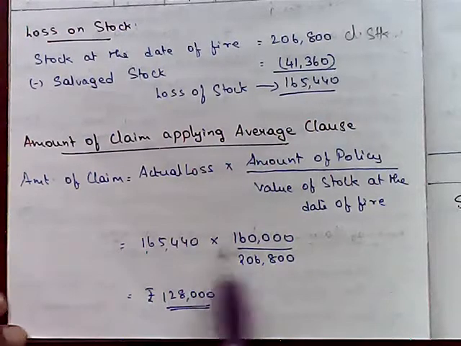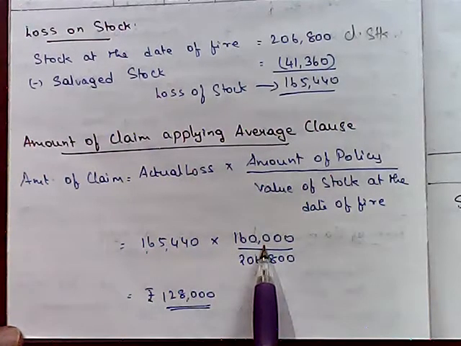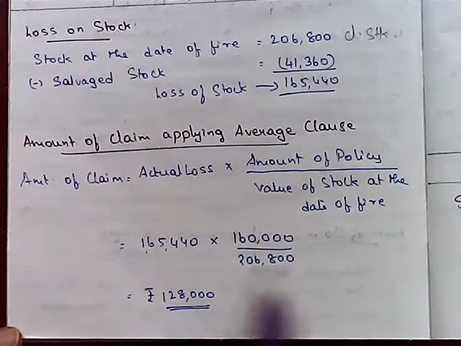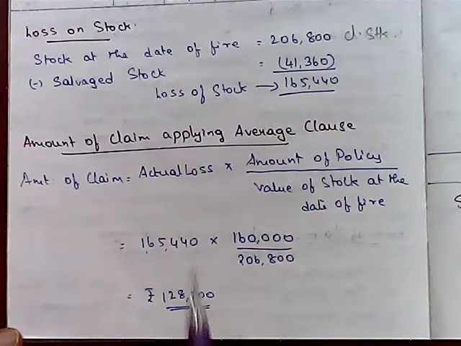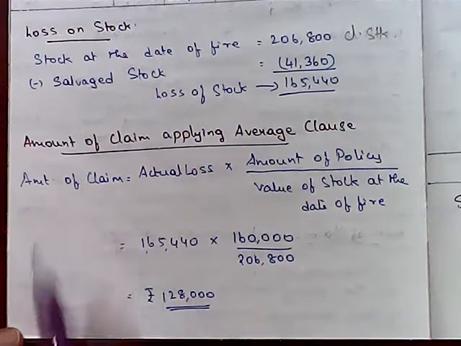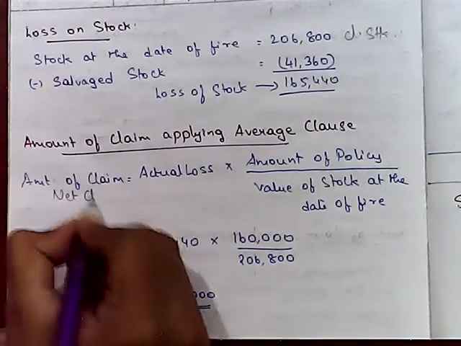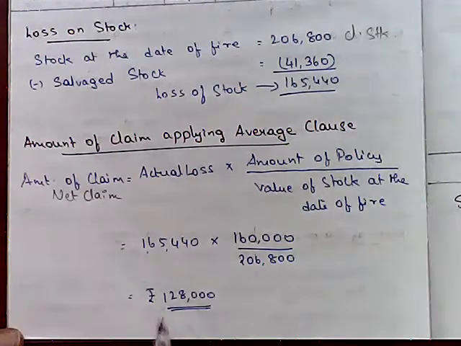That amount into 1,60,000, this is the amount of policy given in the question, divided by 2,06,800, this is the value of stock. So we would get the net claim, the amount of claim. The net claim amount is nothing but 1,28,000.